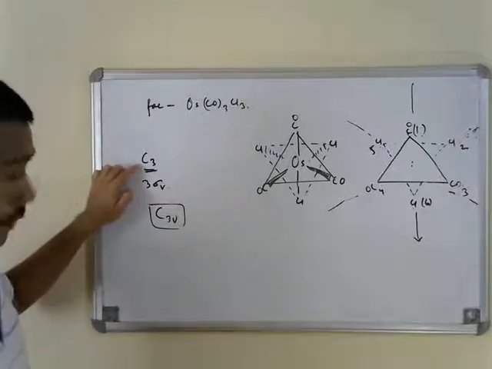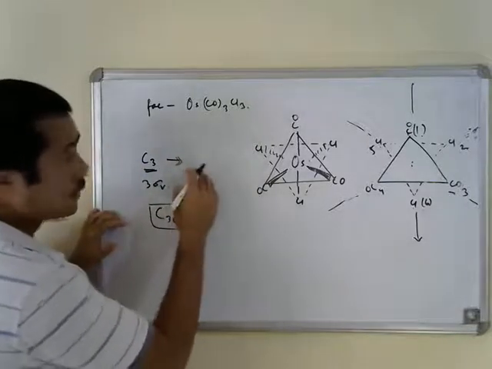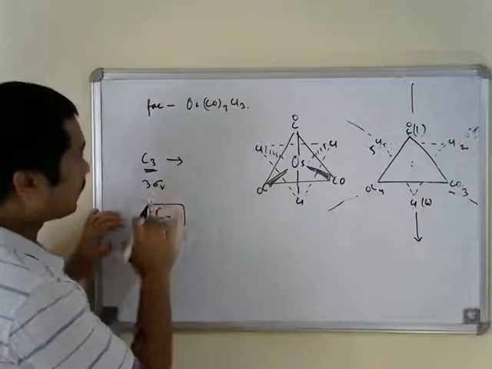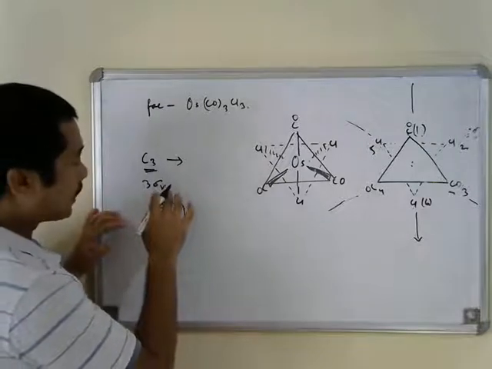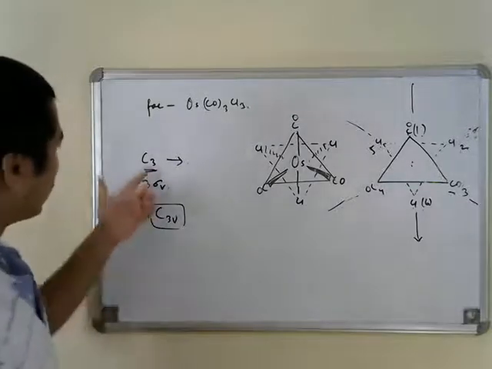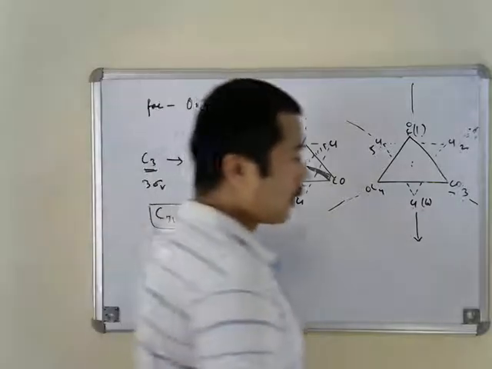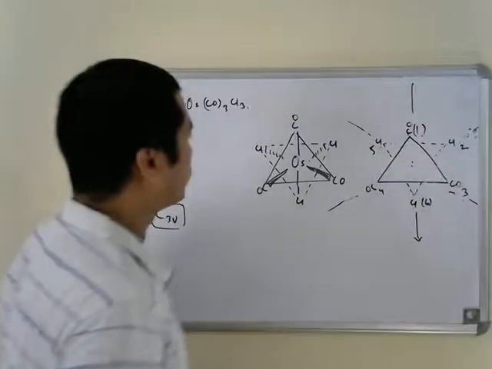So 3 symmetry operations from the C3 axis of symmetry, C31, C32 and identity, and if you add the 3 sigma V, you will have a total of 6 symmetry operations, which is equal to 2 into 3 again. You get the 6 symmetry operations of the C3V point group.